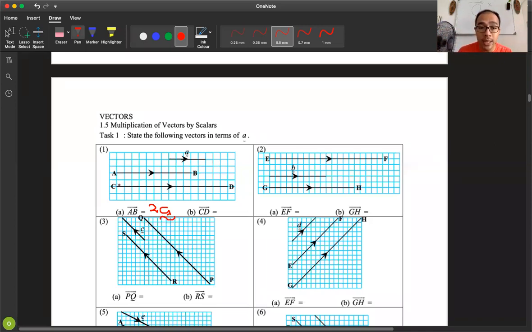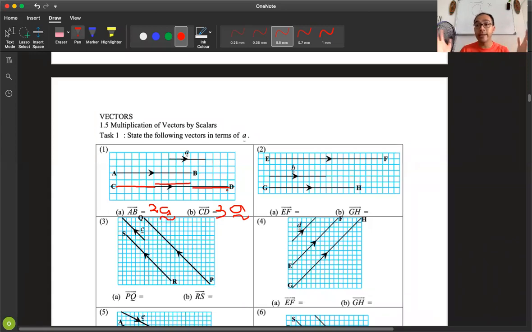Likewise, CD, this is 10, and then 1, 2, 3, 4, 5, so there are 15 squares altogether. 5 to become 15 is times 3. So CD, from C to D, will be 3 times vector A. So vector A, then a second vector A, and then the third vector A. So 3 vector A's equals point C to point B. And that's how we multiply a vector by a certain number.